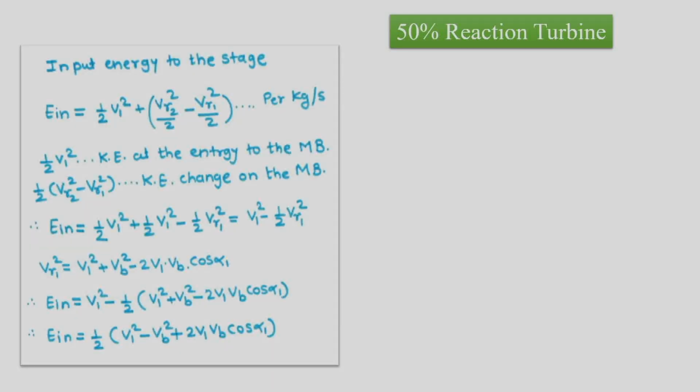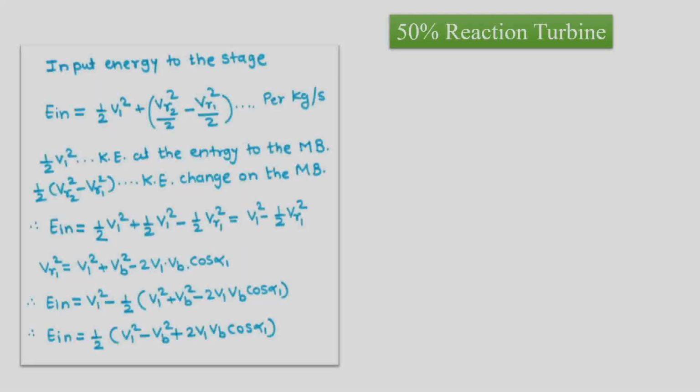Now let us find out what is the input energy to a stage. This is very important for us, since in case of impulse turbine we know that the kinetic energy at the exit of the nozzle is given as an input to the moving blades. So input kinetic energy was used to divide the work done to get the formula for diagram efficiency.